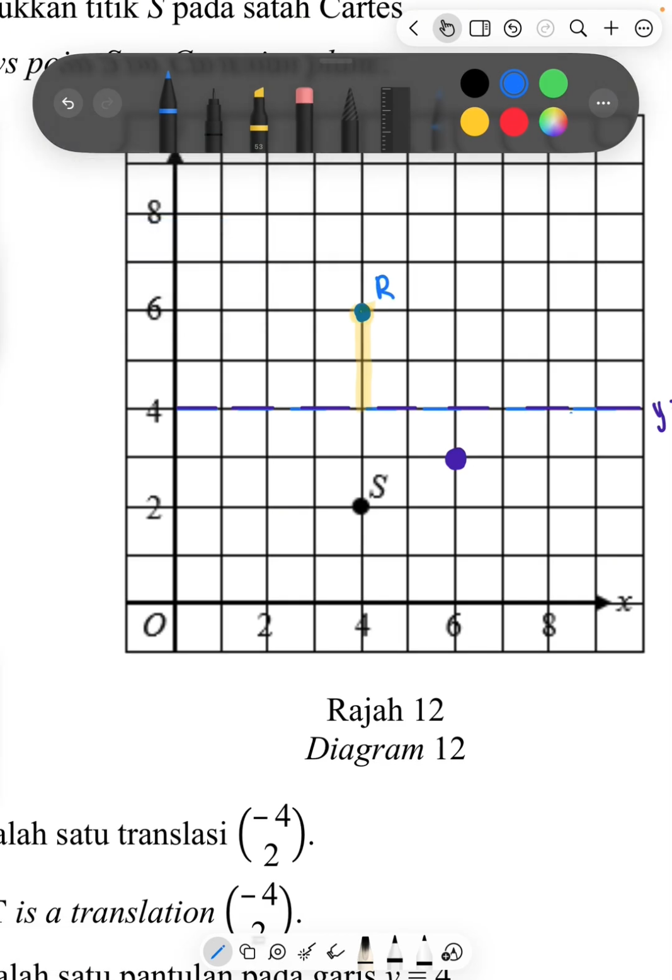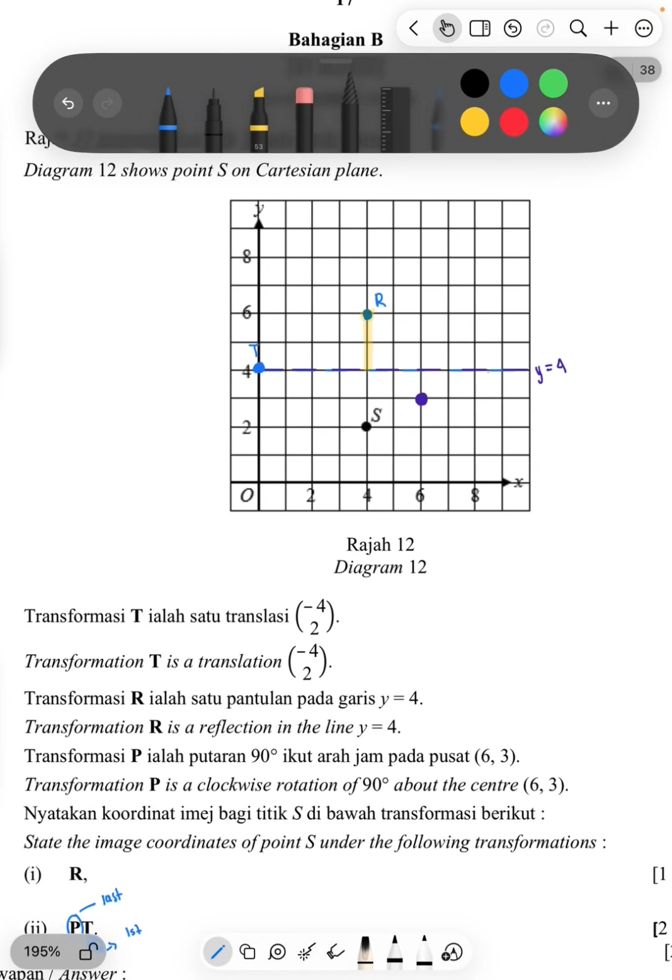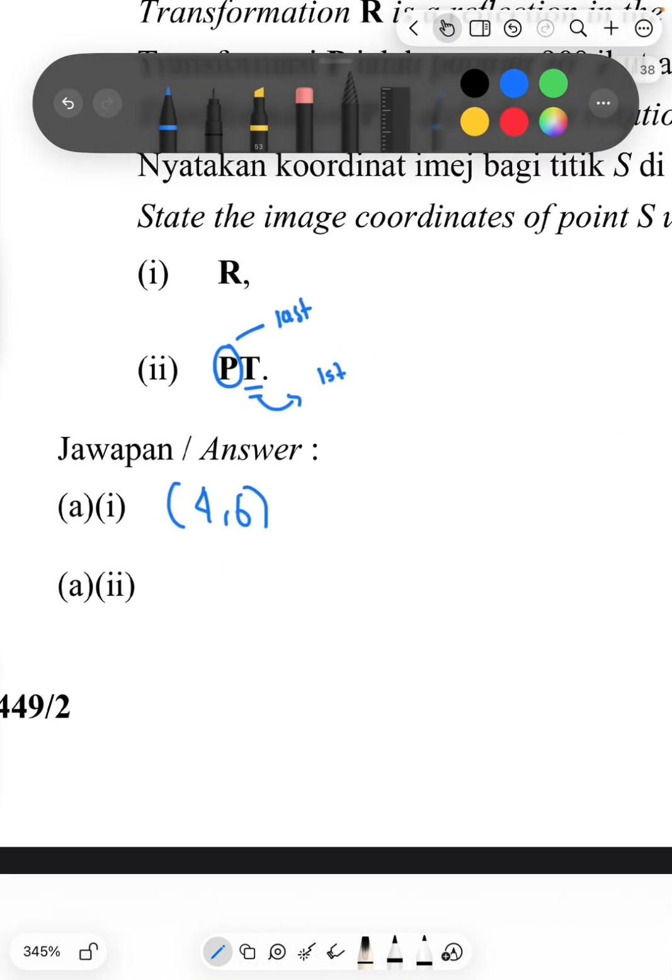So -4, you move 4 to the left. 1, 2, 3, 4. And positive 2, not down, that's negative. So positive, up. So 1, 2. So this is your new coordinate. It's (0, 4). But that's not all.